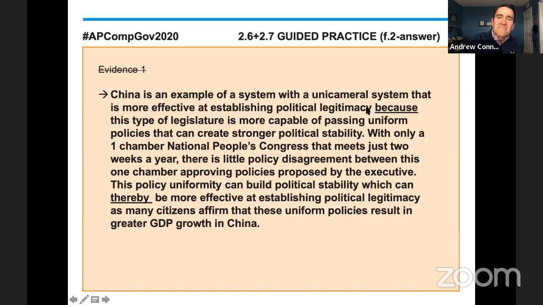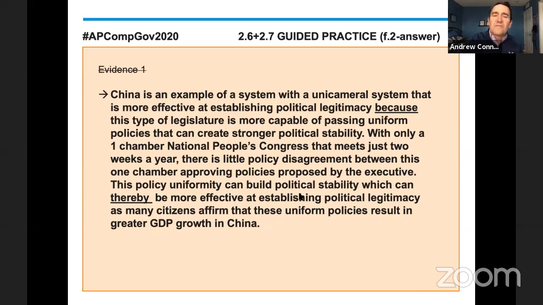But I want to reemphasize my reasoning. I underline for you to see that I need to have reasons that this is supporting my thesis. So I want to intertwine my thesis in there, which I do a couple different times, and I want to show reasoning. So I'm using my reasoning words: because, reemphasize my reasoning here, thereby.